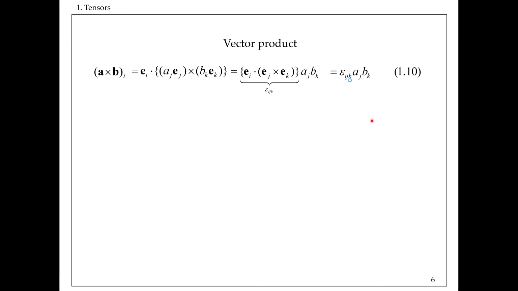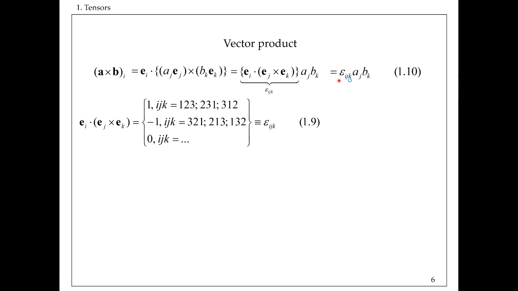As a reminder, epsilon ijk, we don't need to calculate it many times, so it's already calculated based on the consideration of the properties of our basis vectors, right? Again, we have only 6 combinations that are non-zero.